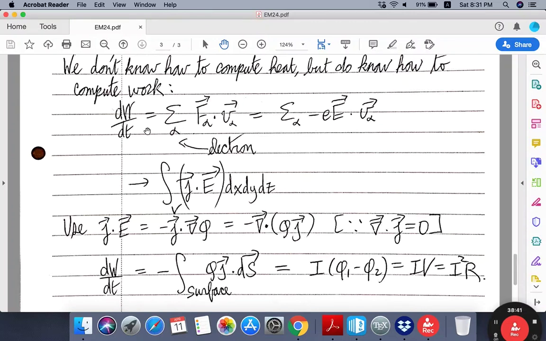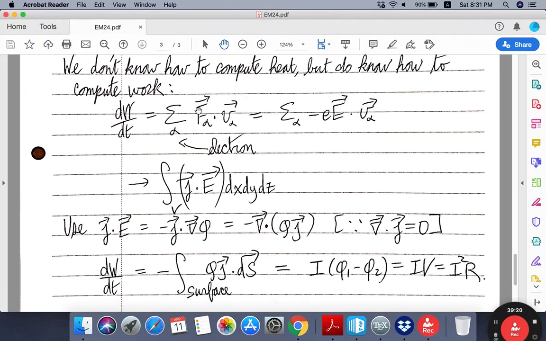So just brush up your old knowledge of classical mechanics, which will tell you that the rate of change of work, also called power, equals the force times the velocity. To be more precise, it equals the inner product of the two vectors, and one needs to sum that inner product over all the electrons, because there are many electrons in the wire.